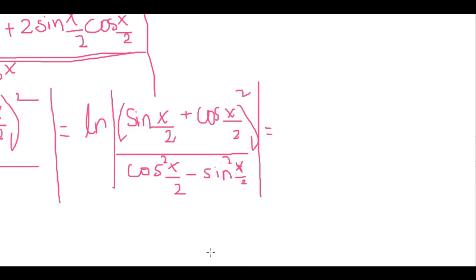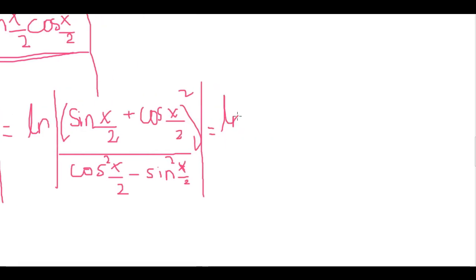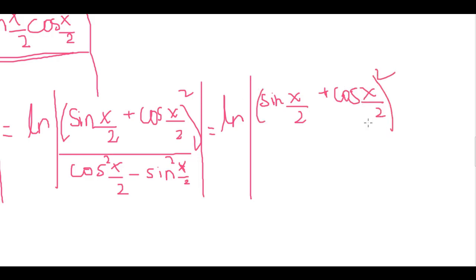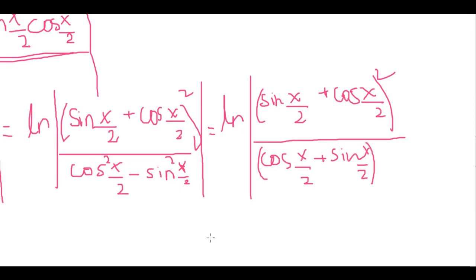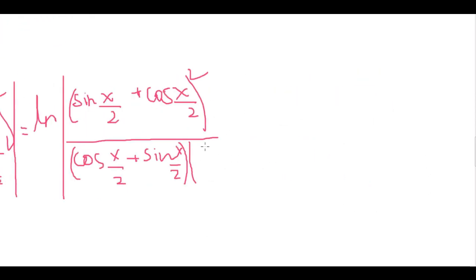So now what I can write here is, the numerator stays the same, and in the denominator I can write this as cos x by 2 plus sin x by 2 multiplied by cos x by 2 minus sin x by 2.